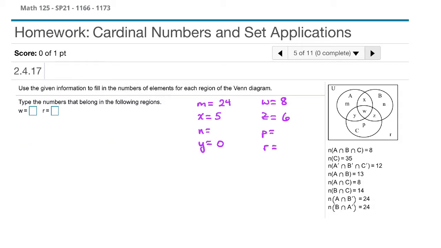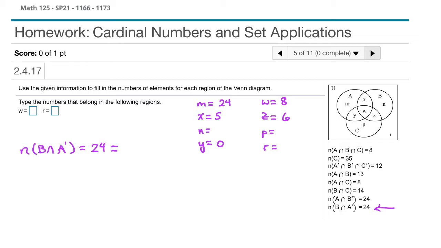Now looking at the cardinality of the intersection of B and the complement of A, B intersect A complement has a cardinality again of 24.